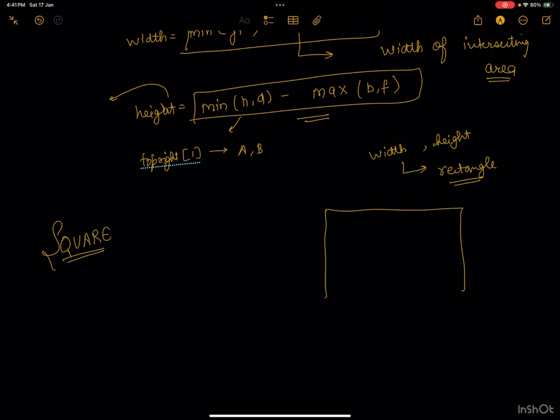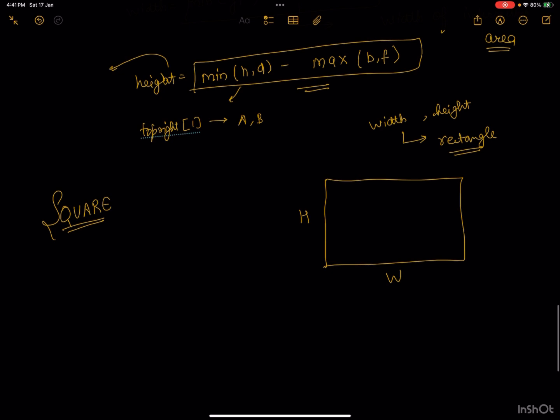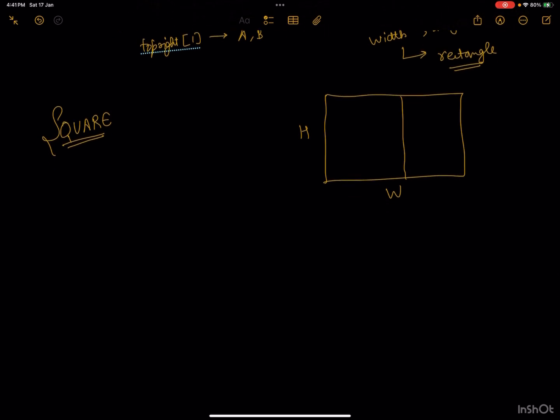If we have to find a square that fits inside it, then it could be this one if the height is the smaller one, or if the height is larger and the width is smaller, then it could be this one, where this is the width and this is the height.